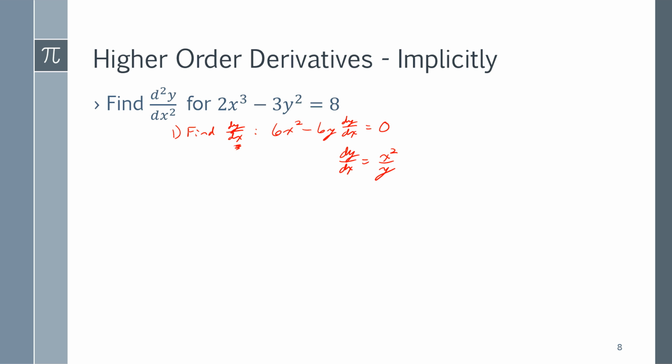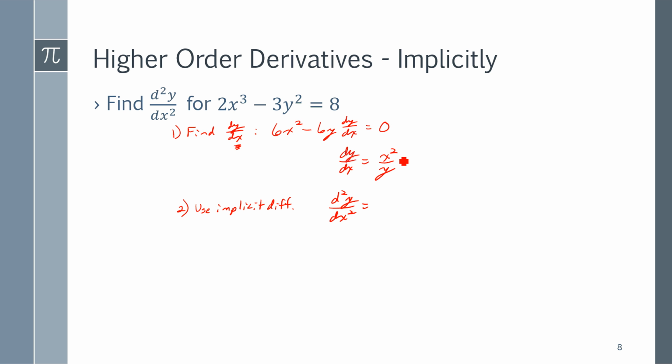Well, now that I have this, I am going to use implicit differentiation and take the derivative of dy dx. Well, the derivative of dy dx is the second derivative, so d squared y dx squared.